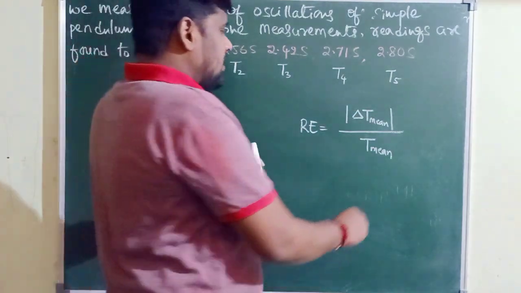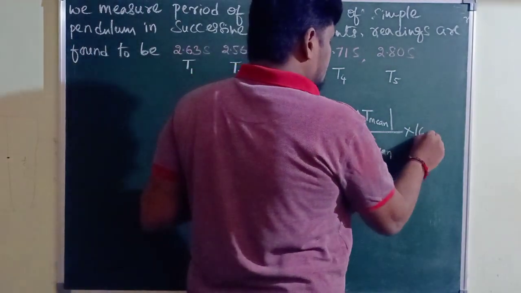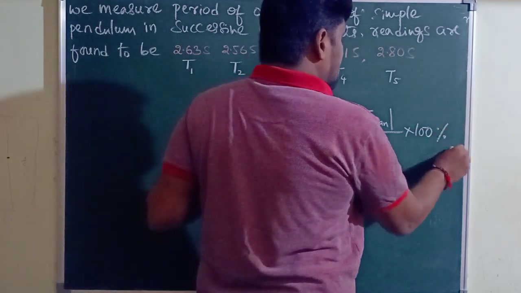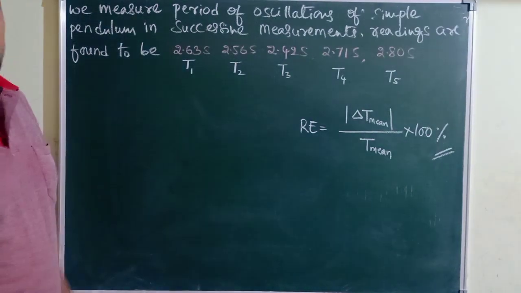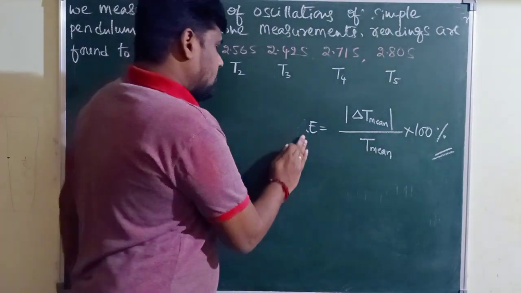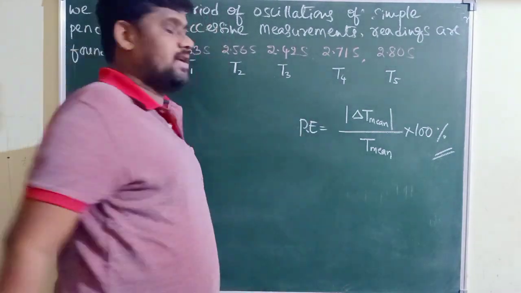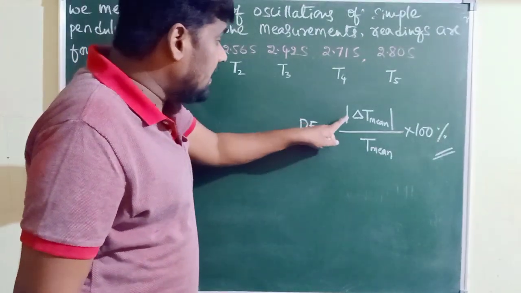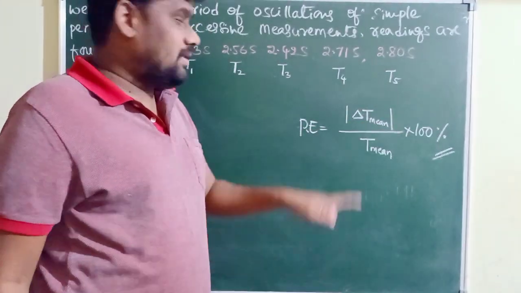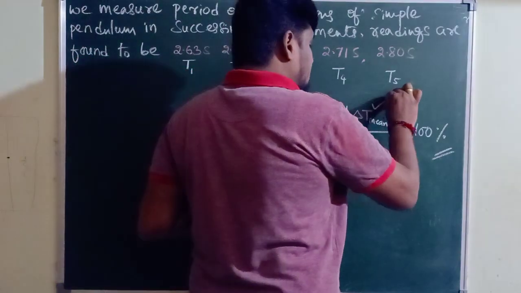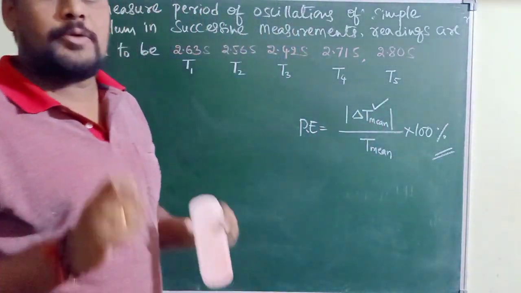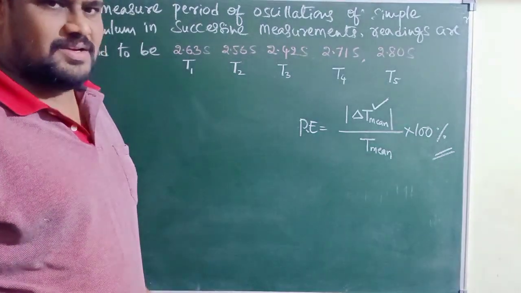If you multiply this relative error by 100%, then it is called percentage of error. Here, the modulus of delta T mean we call the absolute error in the measurement.